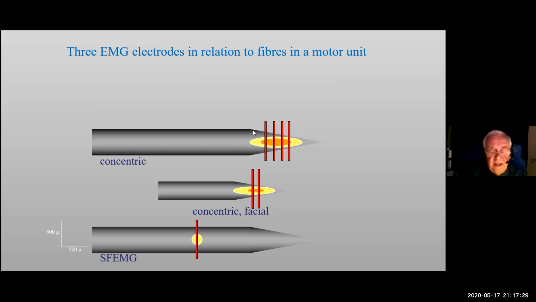So for the concentric normal, we may have 4 fibers in the close vicinity of the electrode and a few more around. For the concentric facial, we have much fewer fibers, and for the single fiber, it's only 1 fiber. So you see the concentric facial is somewhere in between the ordinary concentric and the single fiber.